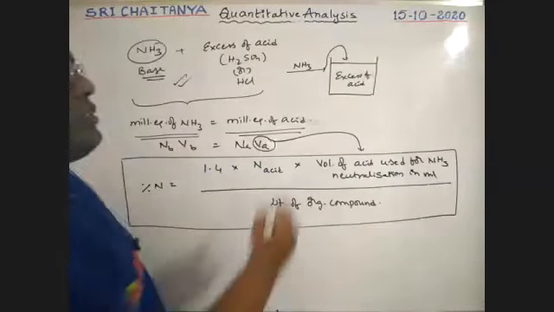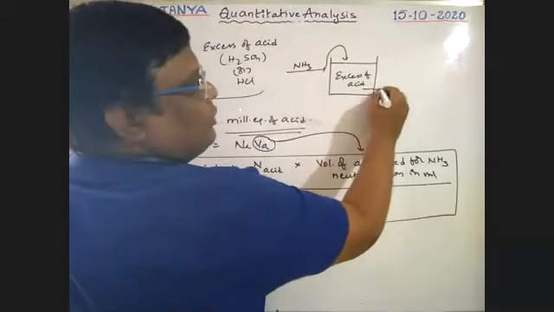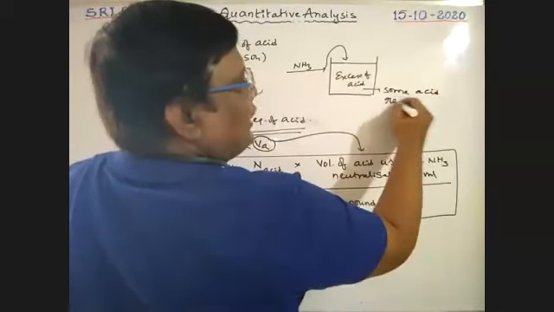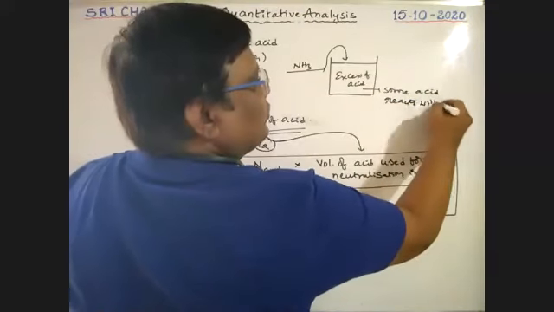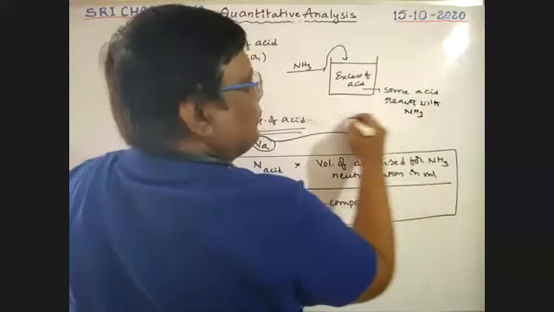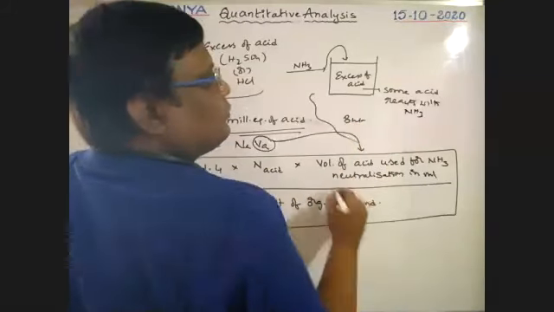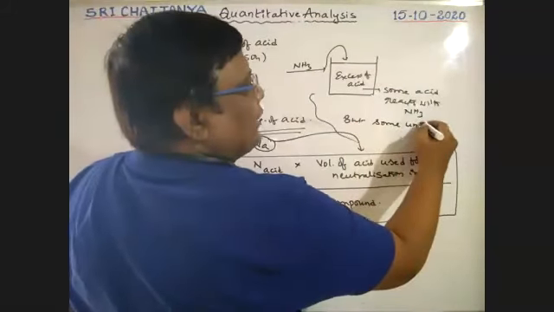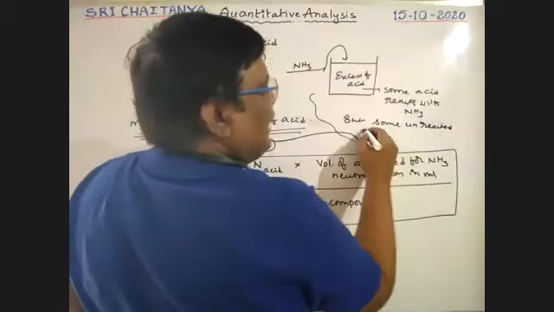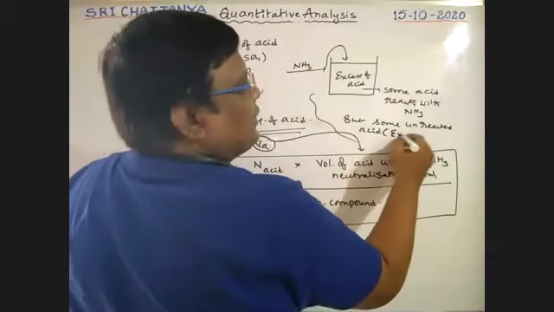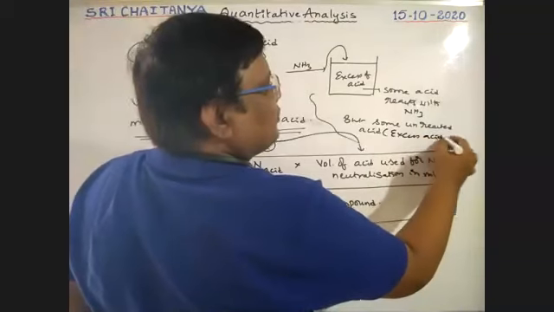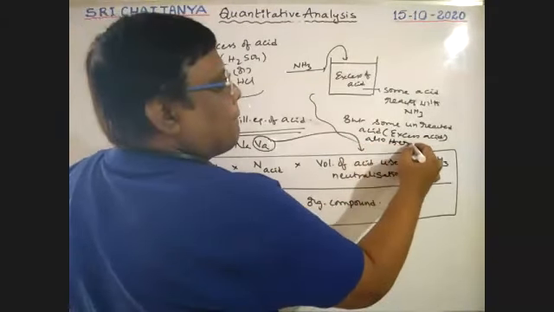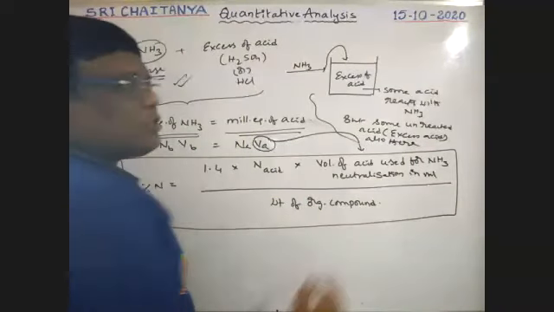See here, ammonia is there. So some acid reacts with ammonia, but some unreacted acid, which is called excess acid, is also there.